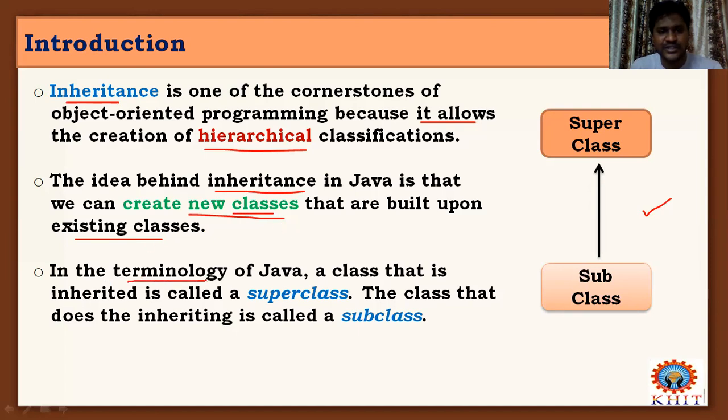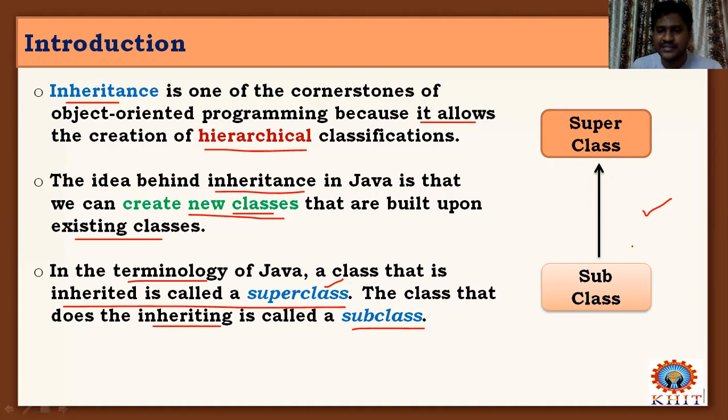Coming to the terminology with respect to Java, a class that is inherited is called a superclass, and a class that does the inheriting is called a subclass.